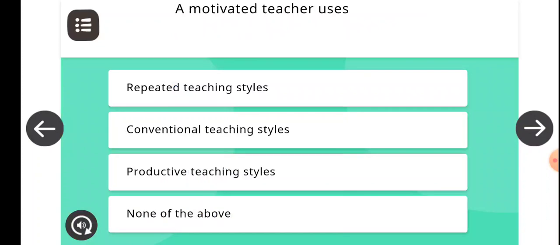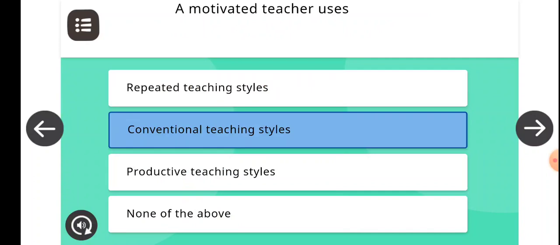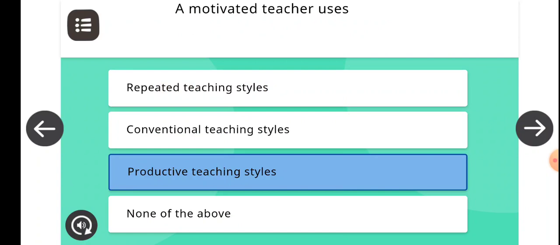A motivated teacher uses repeated teaching styles? No, he doesn't use repeated teaching styles. Conventional teaching styles? No. Productive teaching styles? Yes. There should be some productivity after teaching. There should be some fruit in terms of knowledge gained by the students and satisfaction gained by the teacher.